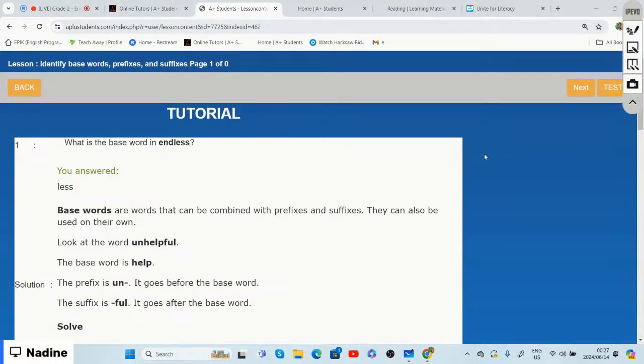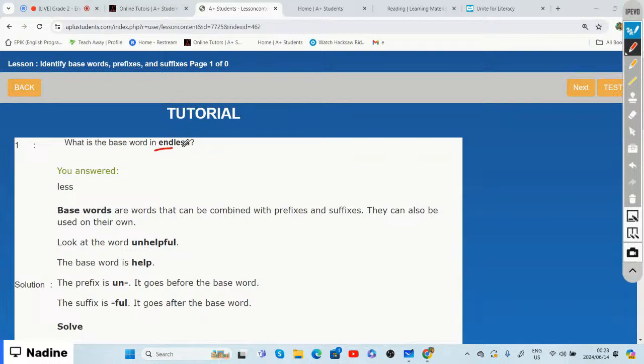All right. So now we need to look at this word. It says, what is the base word in endless? If we look at this word endless, what do you think is the base word in this word endless?